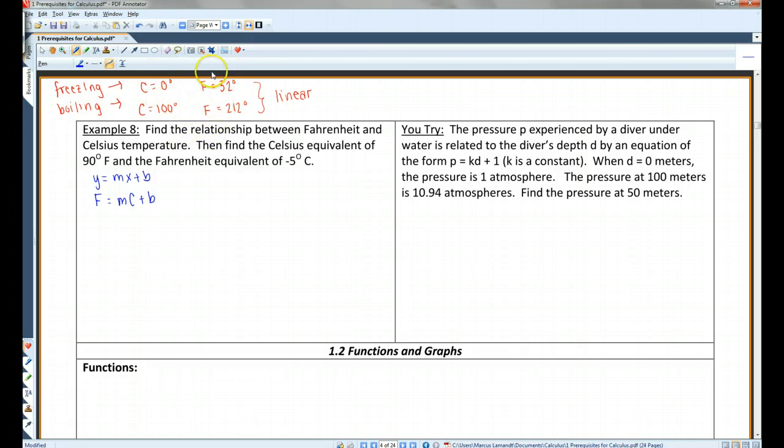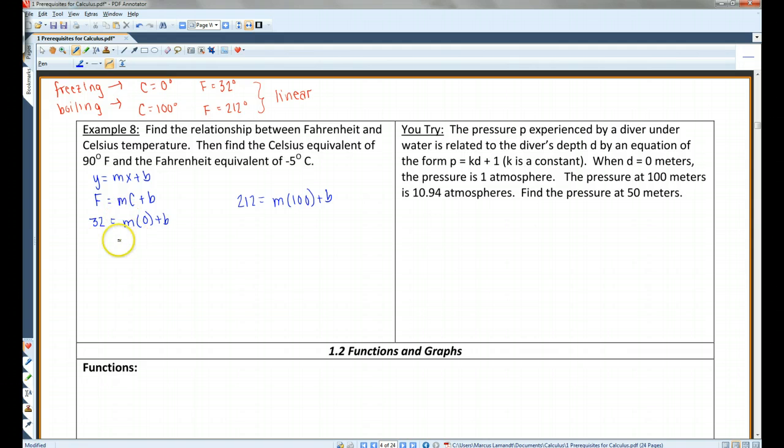If we use this one here, we're going to get 32 equals m times 0 plus b. If we use this one here, we end up with, I'll write it over here, 212 equals m times 100 plus b.